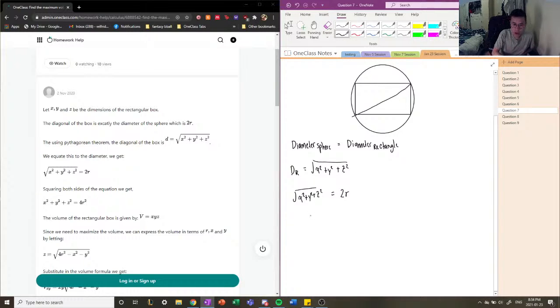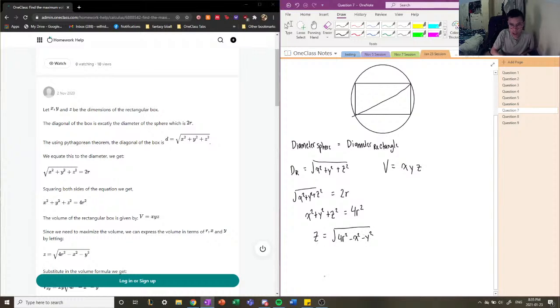Okay, so if we square both sides, we get x squared plus y squared plus z squared is equal to 4r squared. Now we're going to obtain the volume of the rectangular box, which is going to be x times y times z. And if we write this expression in terms of z, we get z is equal to the square root of 4r squared minus x squared minus y squared.